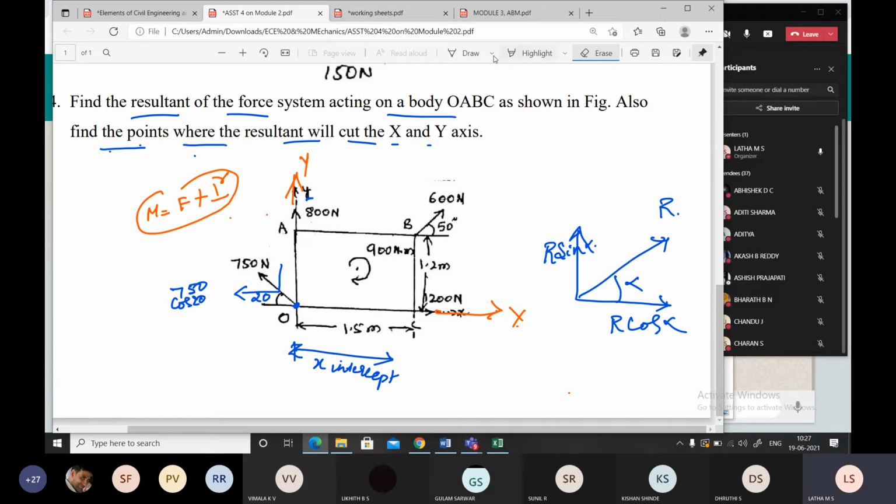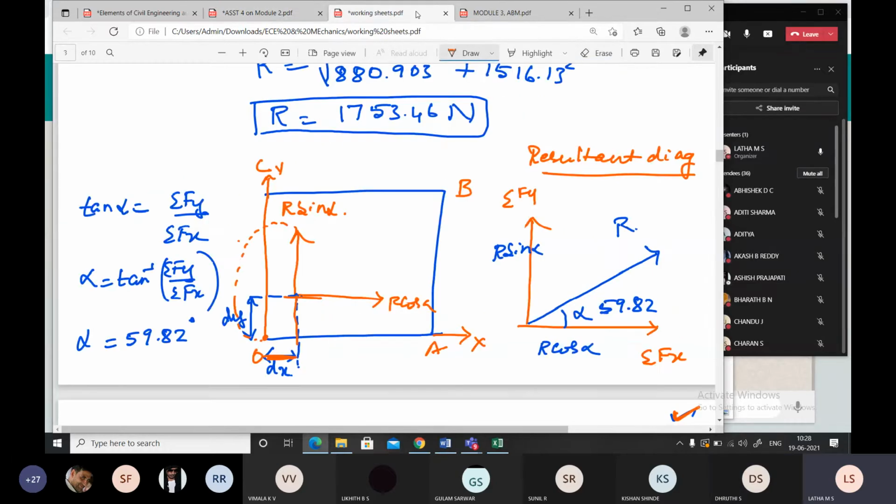When I resolve this force, this force is passing through point O. It will not contribute any moment. Therefore, for 750 cos 20 or 750 sin 20, the perpendicular distance is 0.